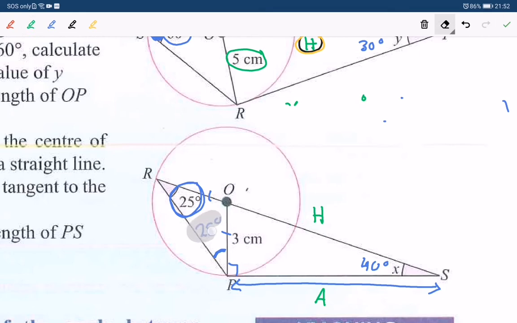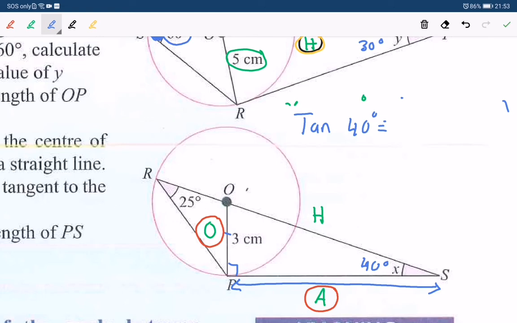Let me erase this first. Here is the opposite. We want to find PS. We have the O, so we want to find A. PS is here, so we can use TOA, which is tangent. Tangent 40 equals opposite over adjacent.